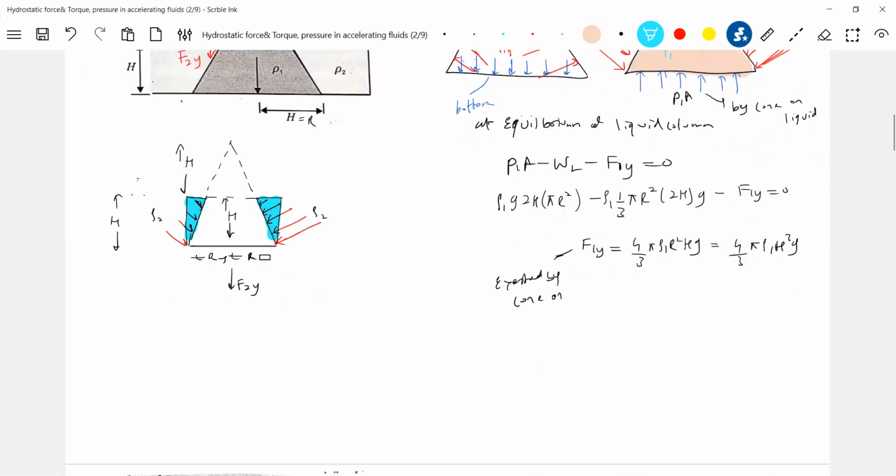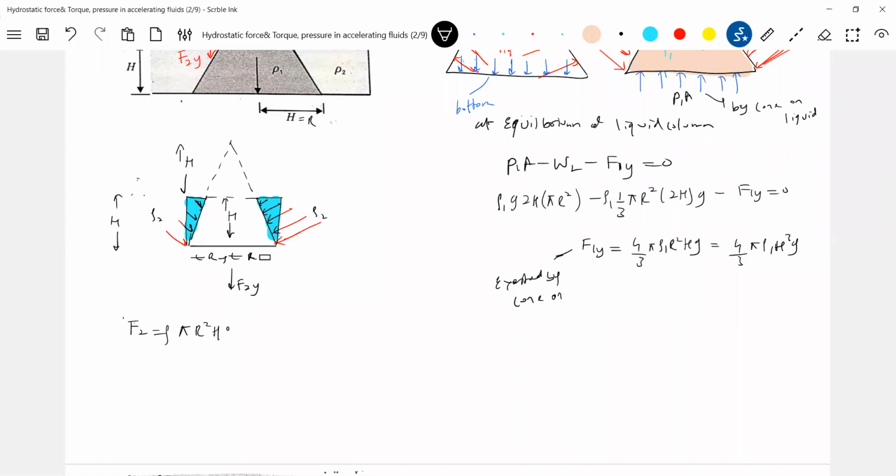Nothing to do. Total volume we will calculate. So the only thing is pi r square h, the weight of that particular thing. F2 is equal to pi r square h, later on h I'll write equal to r only.